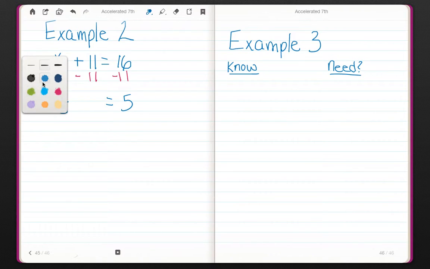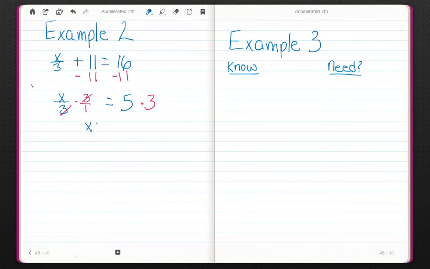Now I'm going to multiply both sides times 3. These cross cancel. And I'm left with x equals 15.